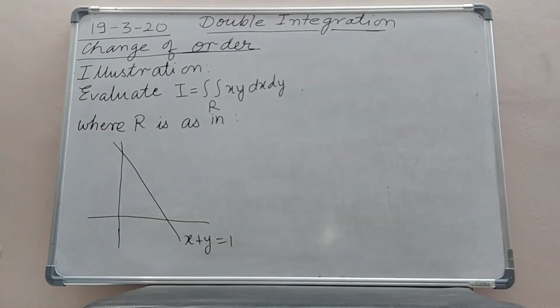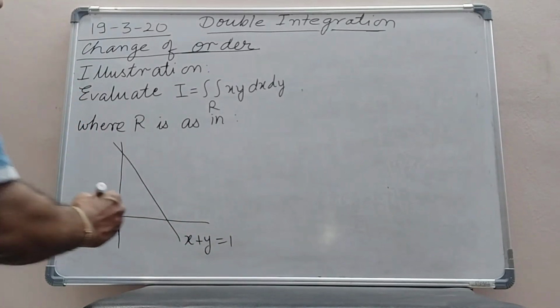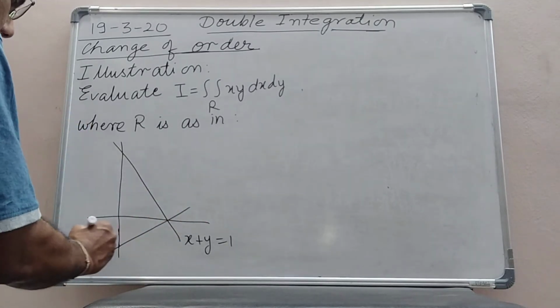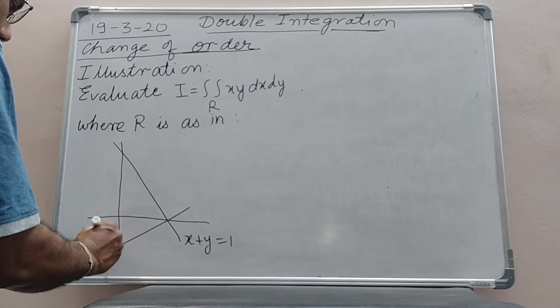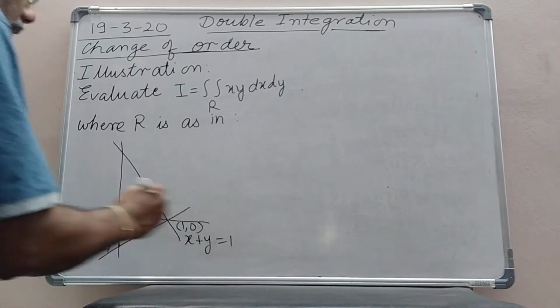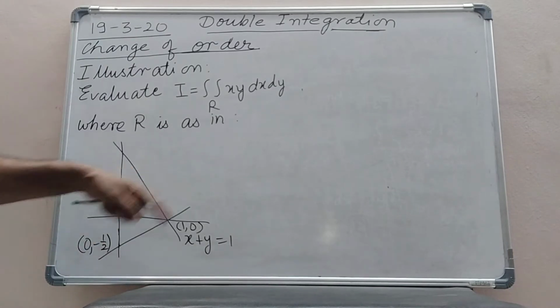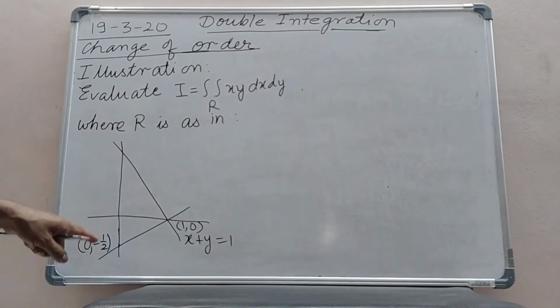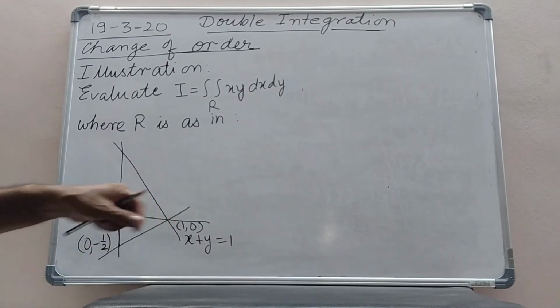The equation of this line is x plus y equal to 1. And there is another line which passes through these 2 points, 0 comma minus half and 1 comma 0.